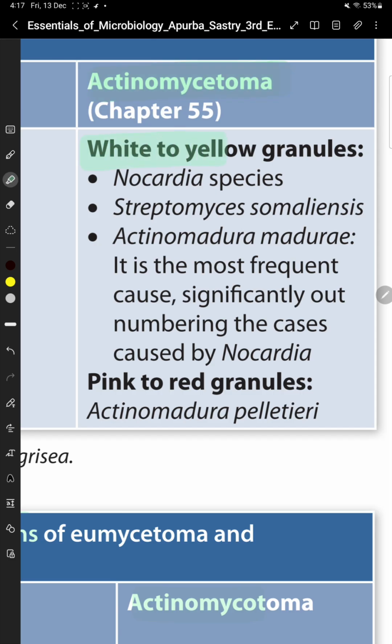Actinomycetoma में white to yellow granules are caused by Nocardia species, Streptomyces somaliensis and Actinomadura madurae.